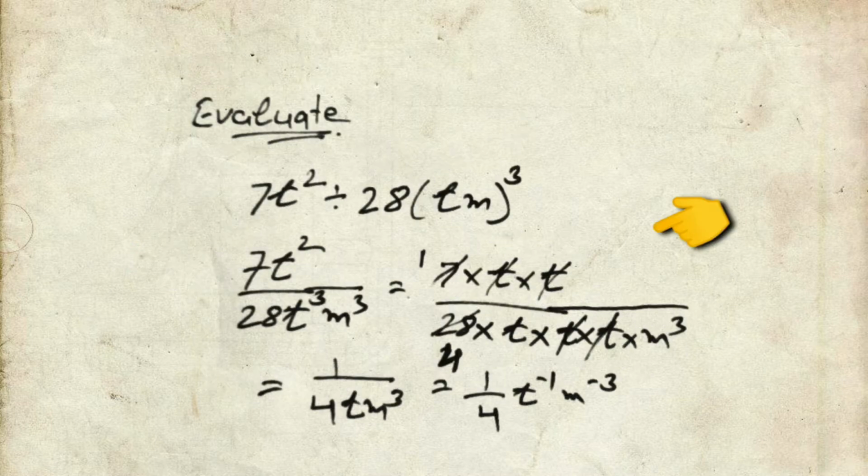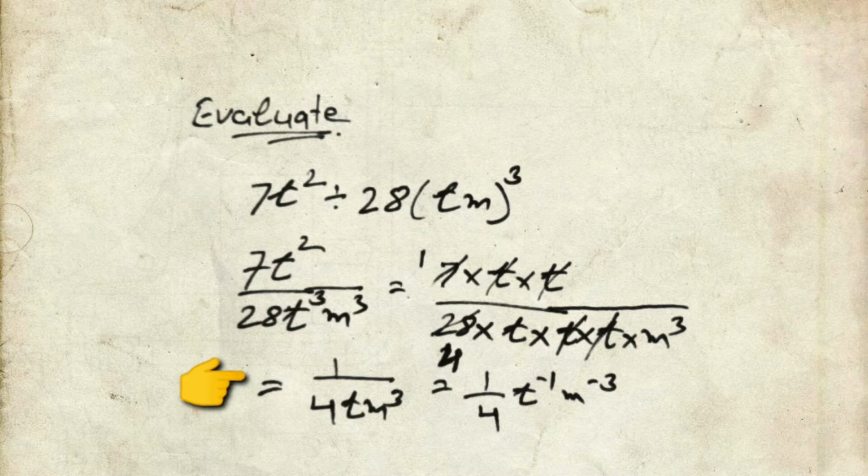So t can be cancelled out, 2 t's will cancel out and 1 is left downside. 7 ones are 7, 7 fours are 28, and you are left with 1 by 4 t m cube.